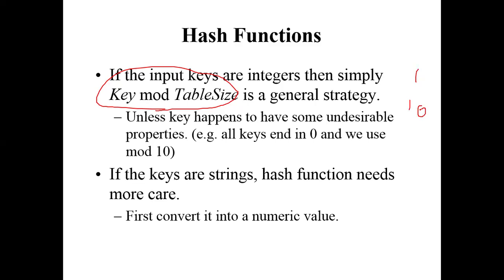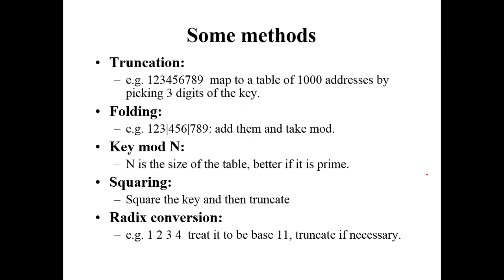The value will be 1 mod 10, so the hash value will be 1. So at location 1, the key value 1 will be saved.